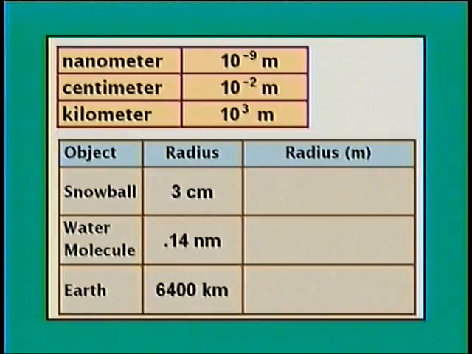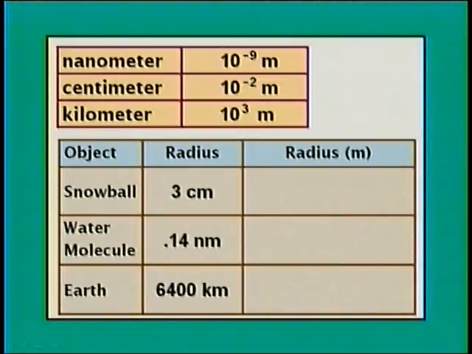Now, we're going to get a sense of what this 0.14 nanometers is by making a ratio. When we make our ratio, we want all our units to go away, and that's not going to happen if we have mismatched units. So the first thing I'm going to do is take our 3 radii and find their equivalent radii in terms of meters. So the radius of the snowball, we were told, is 3 centimeters.